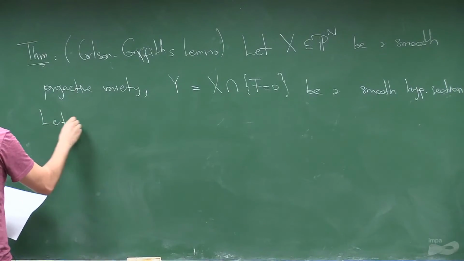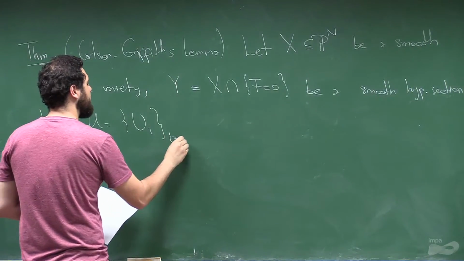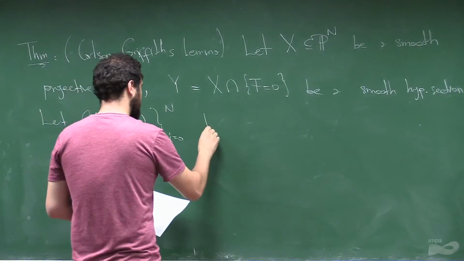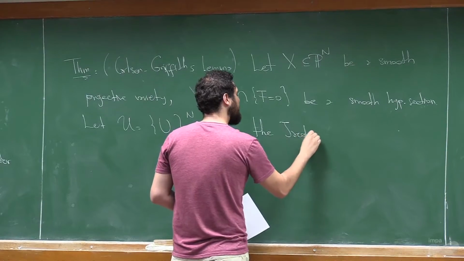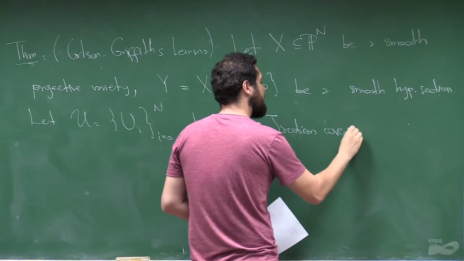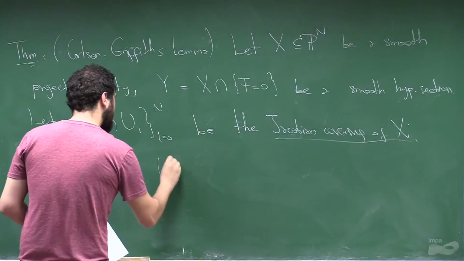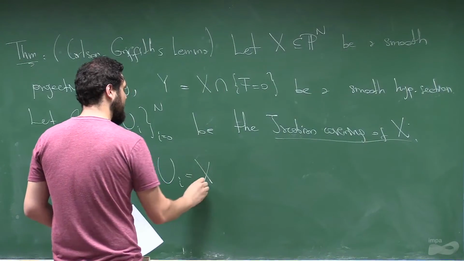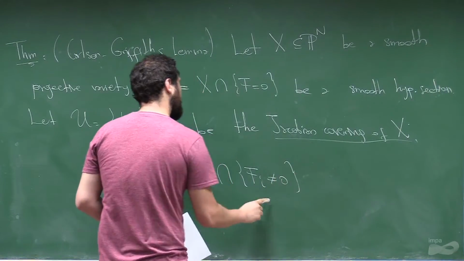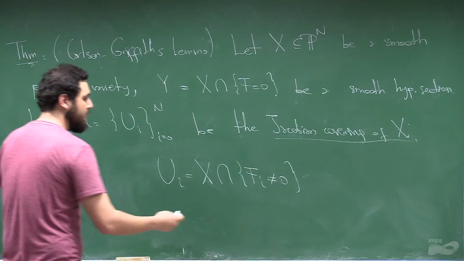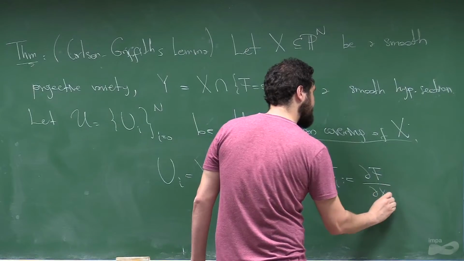Let U be Ui for i equal to 0 up to n, the Jacobian covering of X. This means that every Ui is the intersection of X with the set where Fi is different from 0, where Fi is the partial derivative of f with respect to xi.